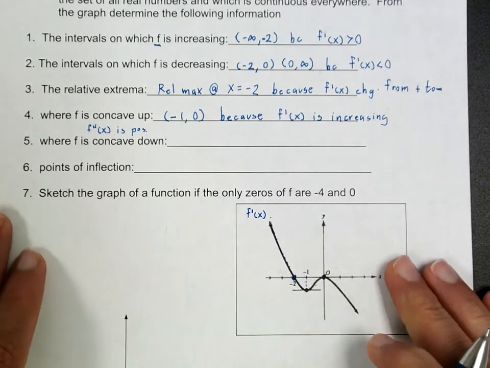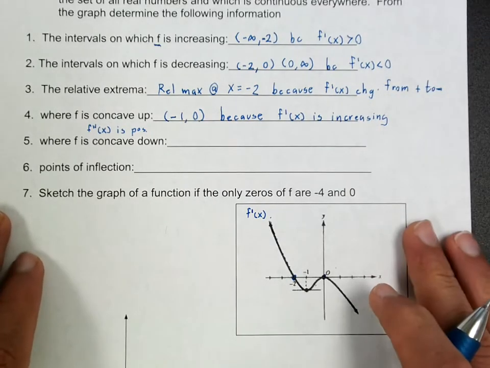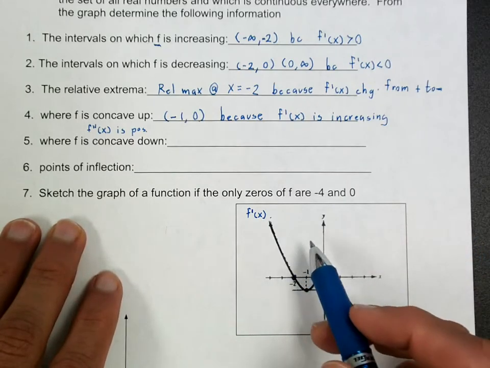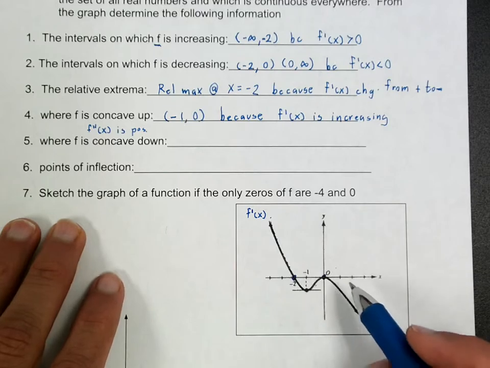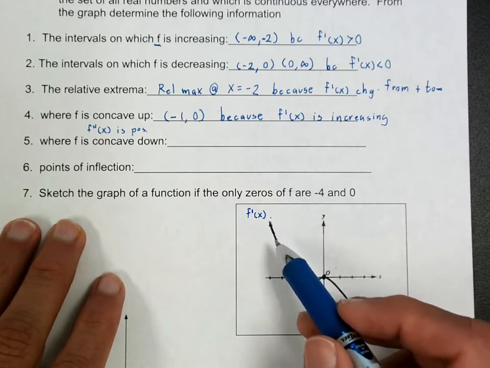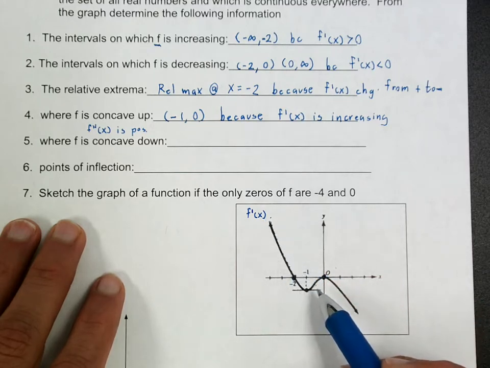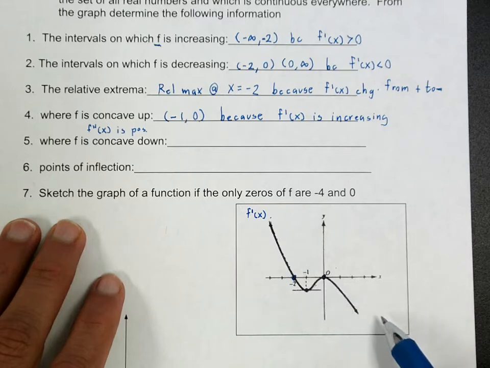All right, where is f concave down? So function f is going to be concave down anywhere where the second derivative is negative. Now, that implies that the derivative is going to be decreasing. So notice that you're decreasing between negative infinity and this point right here, and between 0 and positive infinity.